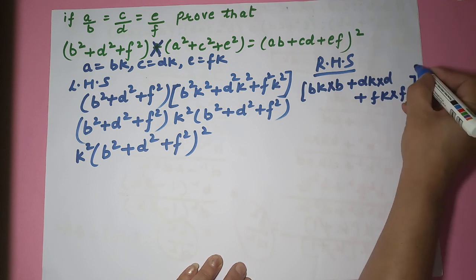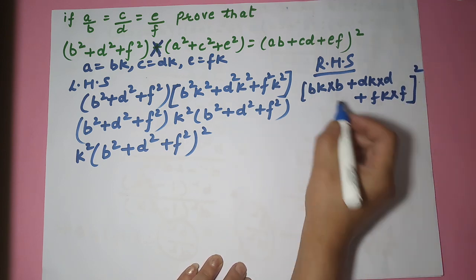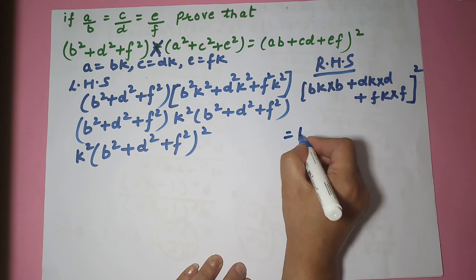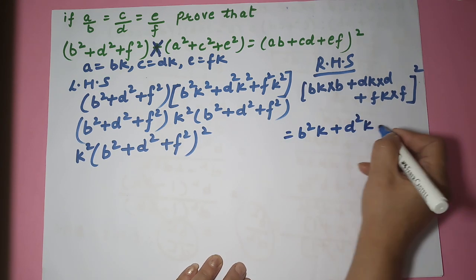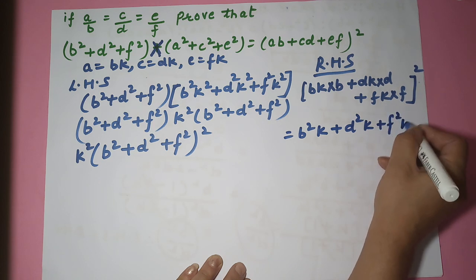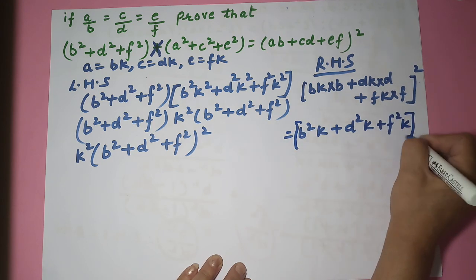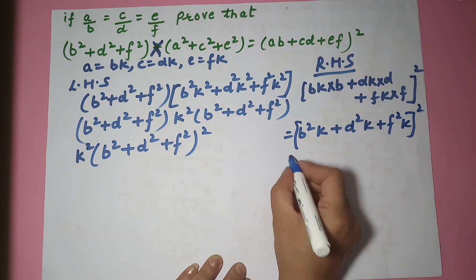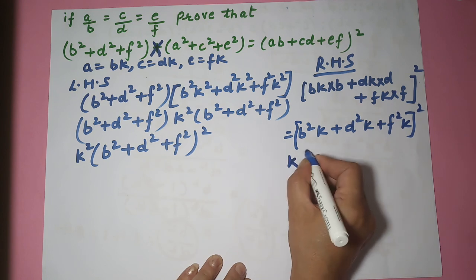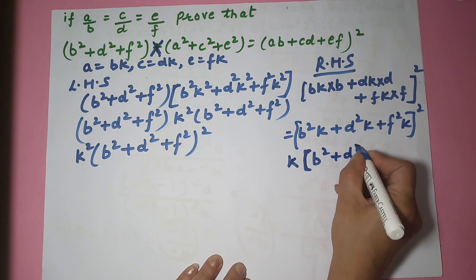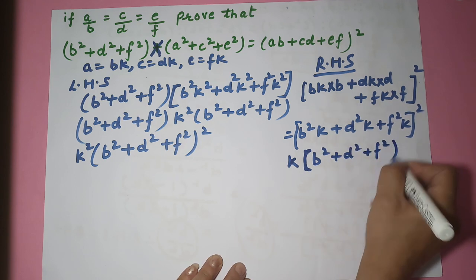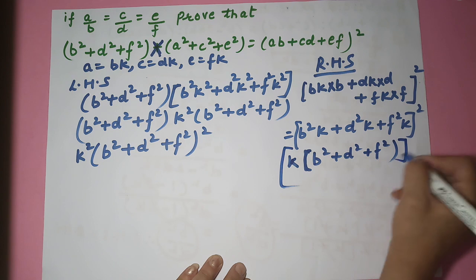This is happening inside the square. Now b square, this becomes b square k plus d square k plus f square k whole square. Now inside I can take k as common. What will I get? B square plus d square plus f square, and this is happening inside the square.